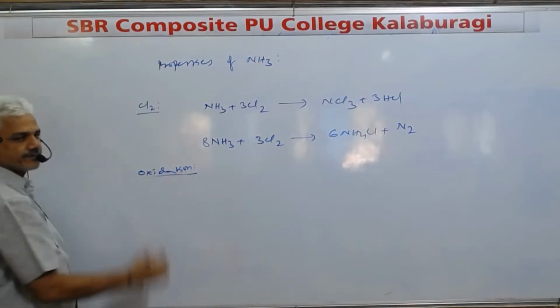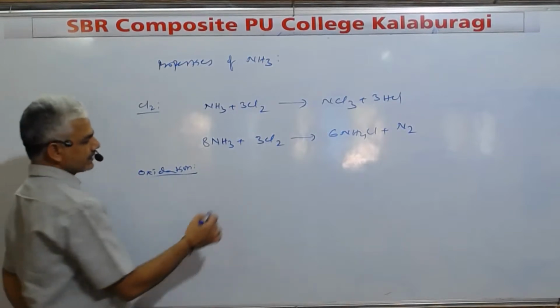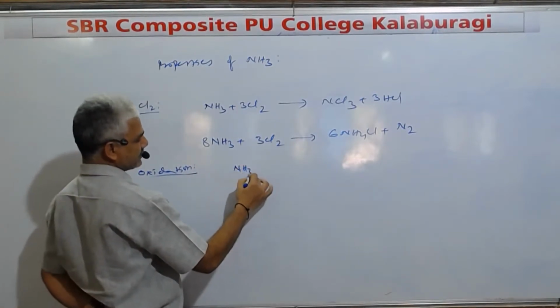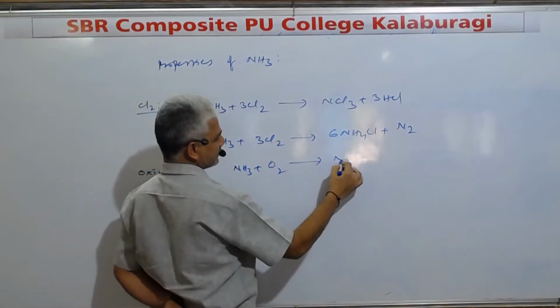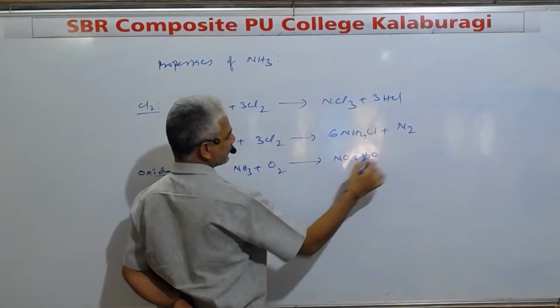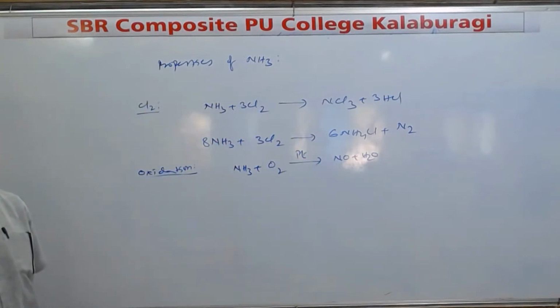Oxidation. So oxidation products also keep on changing. When ammonia is oxidized directly in the presence of platinum as catalyst, you will get a mixture of nitric oxide and water.